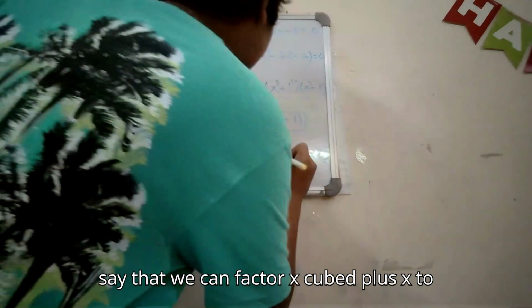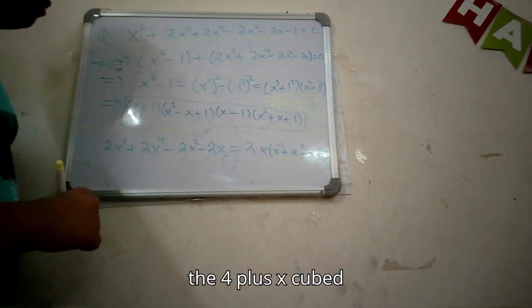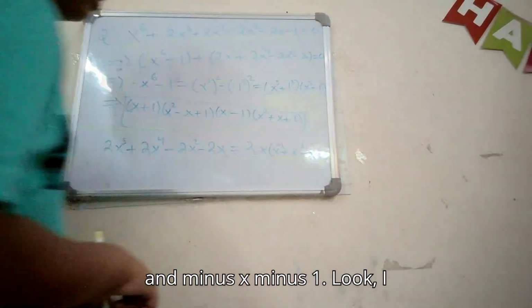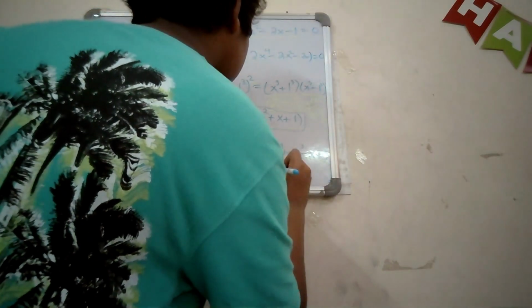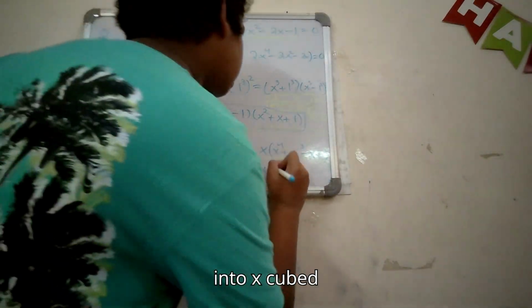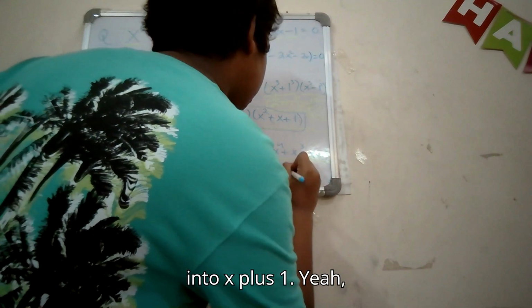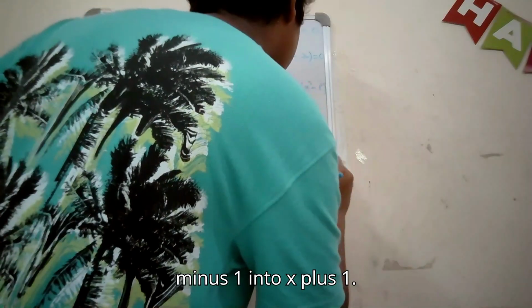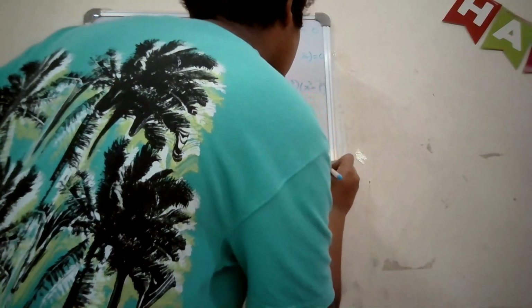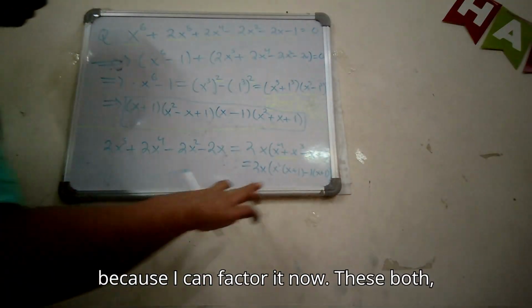But do you see that we can factor x to the 4 plus x cubed minus x minus 1? Look, I can write it like this: 2x into x cubed into x plus 1, minus 1 into x plus 1. Why do I write it like this? Because I can factor it now.